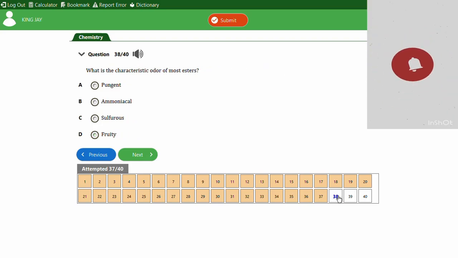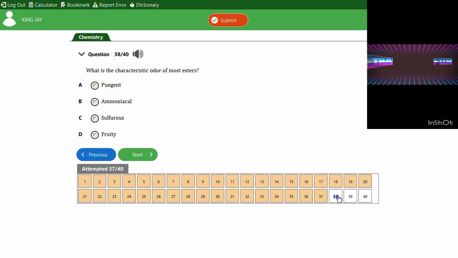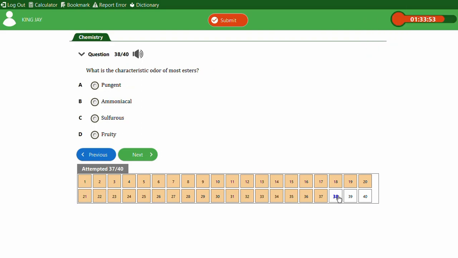38. What is the characteristic odor of most esters? It smells fruity. A, pungent, B, ammoniacal, C, sulfurous, D, fruity. It is D. And you can use shortcuts like pressing A to select answer A, B to select B, C and D. That is also a shortcut used in the JAMB exam.